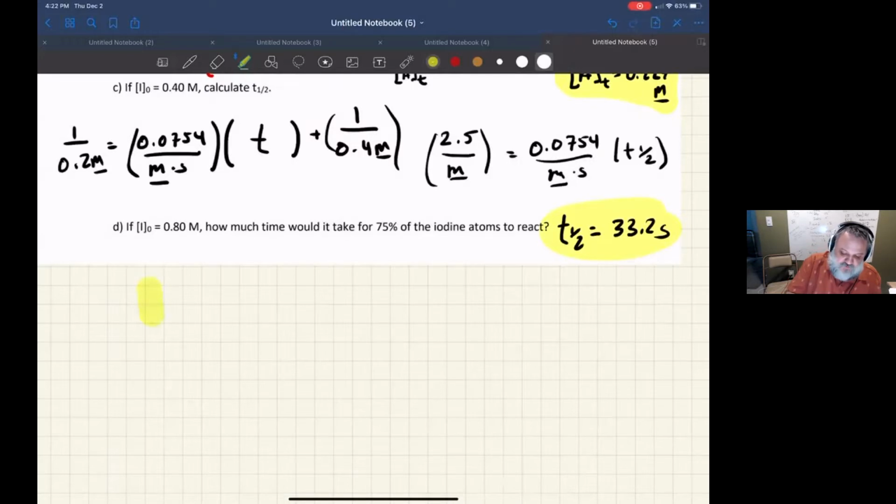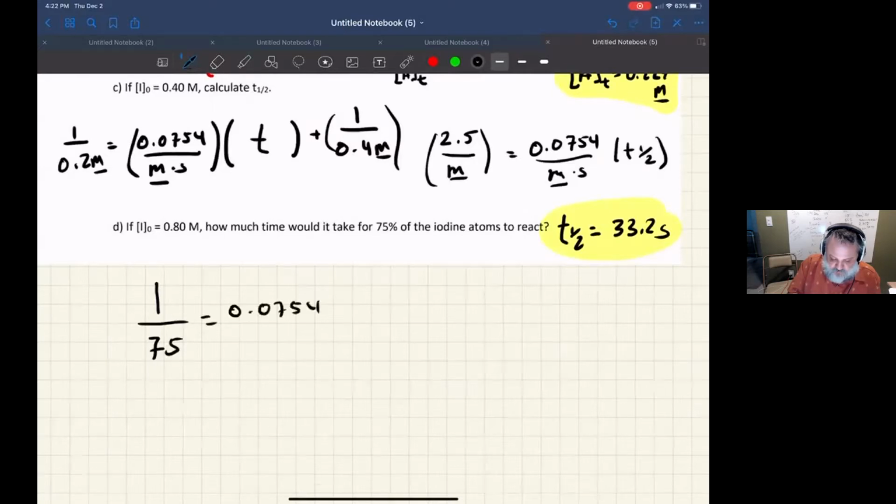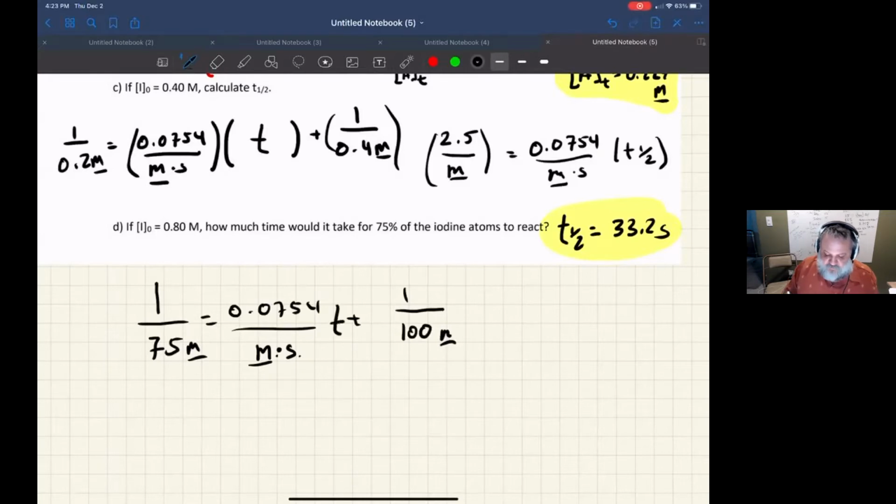So again, it's just like the half-life question in that we know the two concentrations. Well, this one is 75% of the original concentration. And so I start to work towards that. So then that must mean the original concentration was 100. And I can just use the units of molarity in order to get it there.